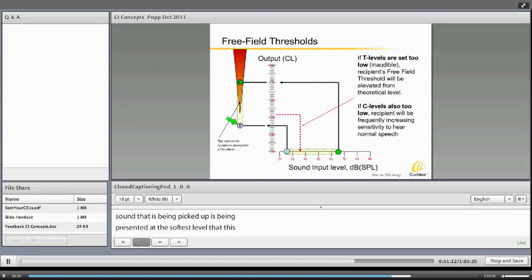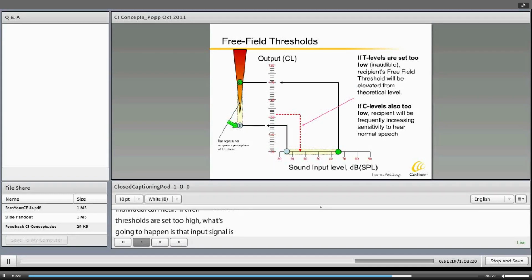So when the threshold and comfort levels are set appropriately, that 25 dB SPL of minimum sound being picked up is being presented at the softest level that this individual can hear.